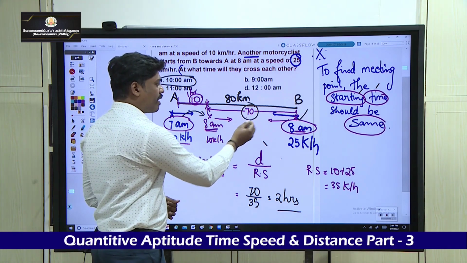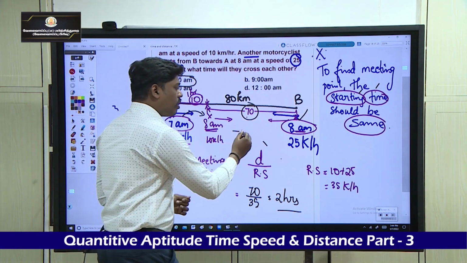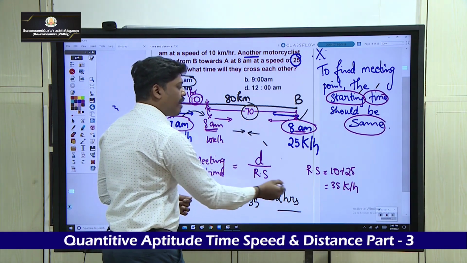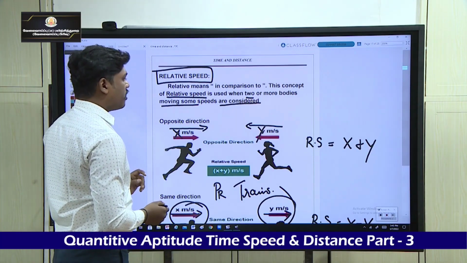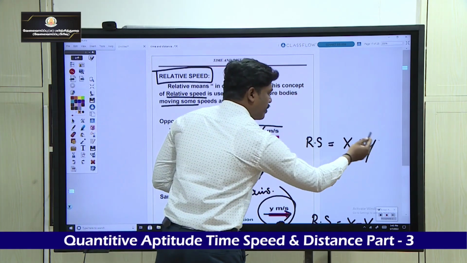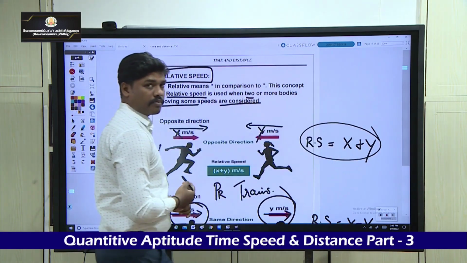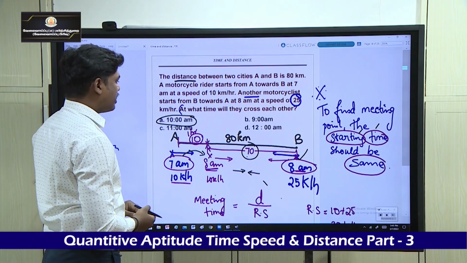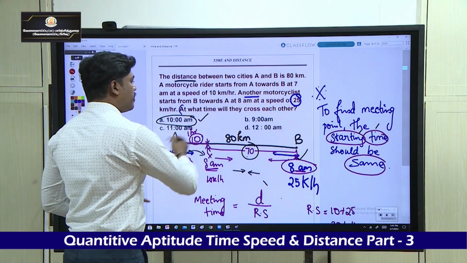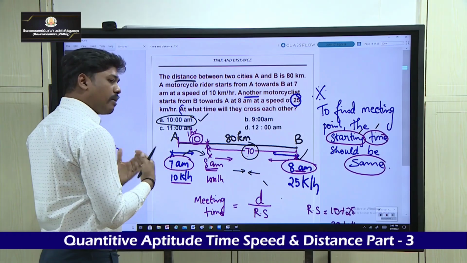So, 70 divided by relative speed. They are moving in opposite direction, so add. When they are moving in opposite direction, relative speed is the sum of speeds. That is it. Your answer is, at 10 am they would cross each other or meet each other.